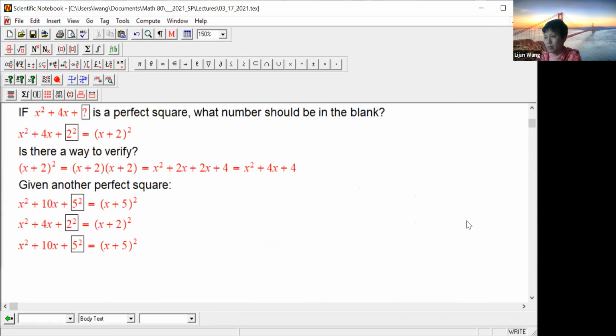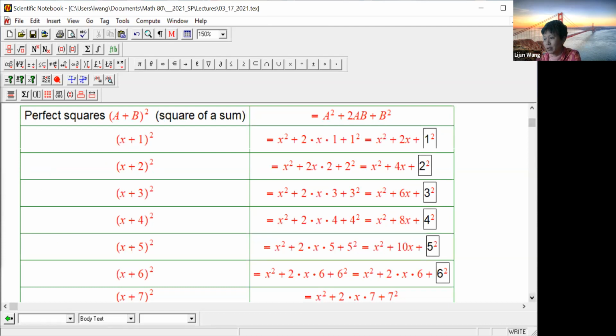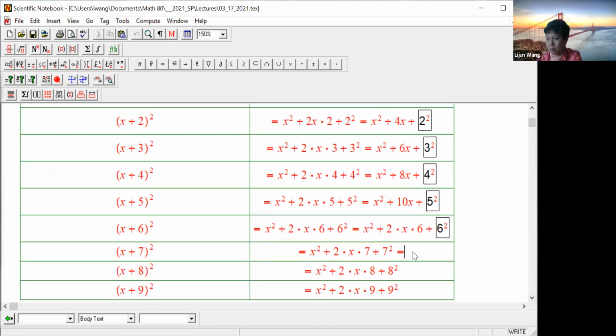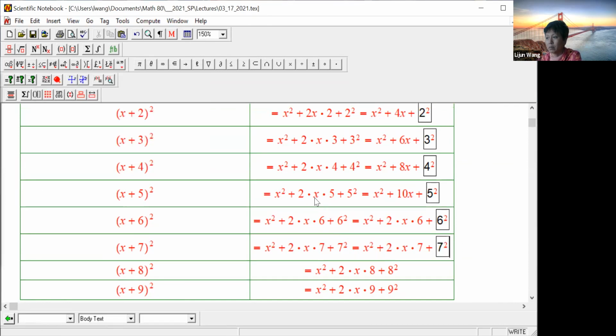Now, does it work for 7? What would it be? Does it work for 7? Of course, this is gonna be 7 squared. And this is gonna be what?